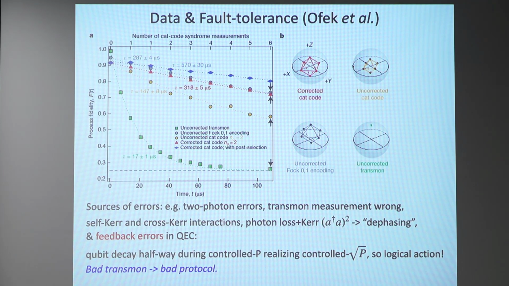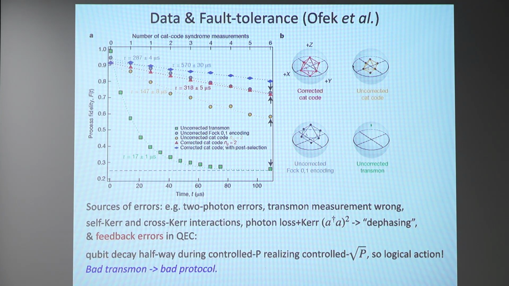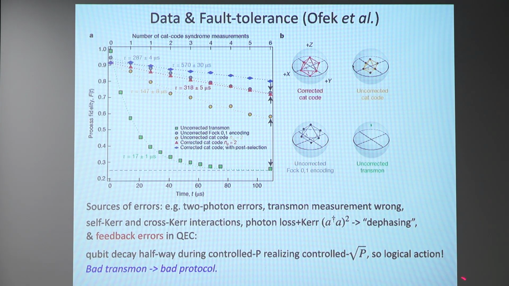The point is you have to put this transmon in a superposition of 0 and 1, right? To do this controlled rotation. Now let's say halfway through this controlled rotation, if it's 0, it rotates this way. If it's 1, it rotates that way. But halfway through, it falls from 1 to 0. So it could be doing half the controlled rotation.